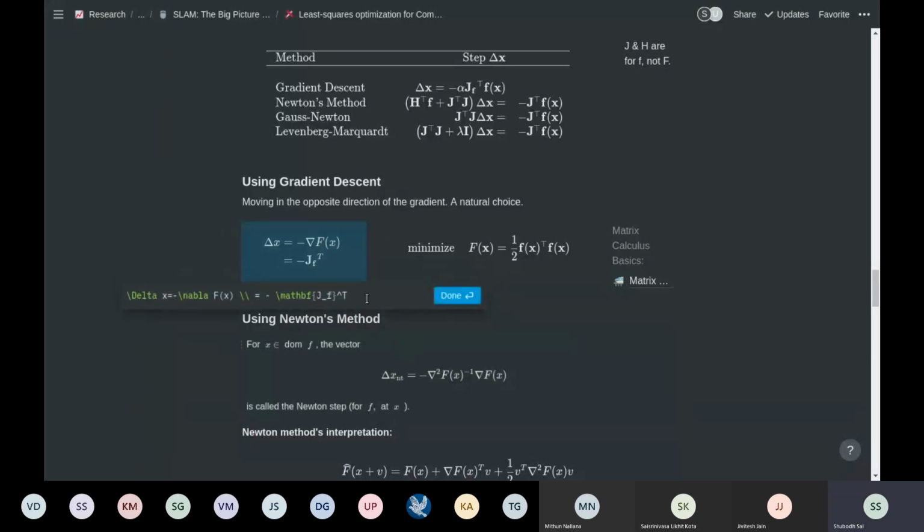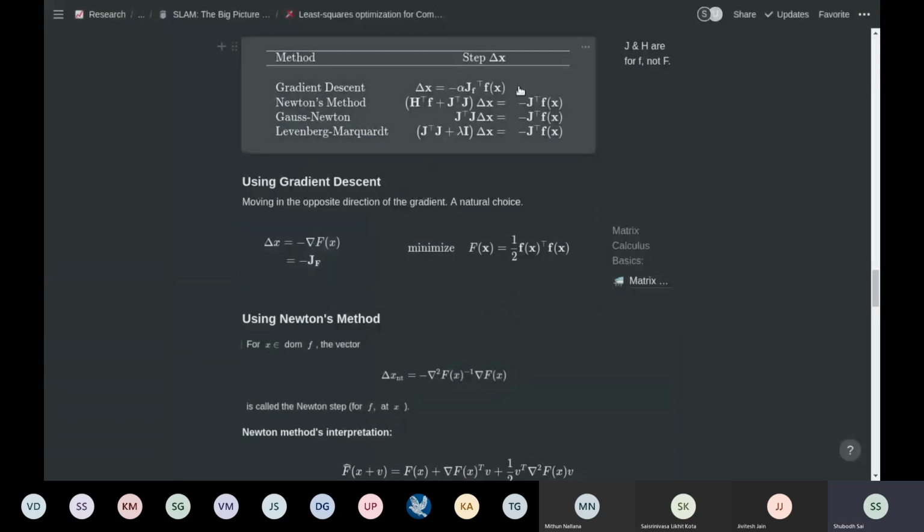Whatever, I don't think you have transpose here. Yeah, this and this are one and the same. So it's like j into f of x plus f of x into j, and both are the same terms, so 2 gets cancelled. You get this j transpose f of x. So Jacobian of capital F is equal to Jacobian of small f into f of x. I hope that is clear.